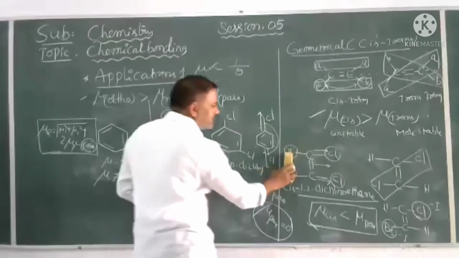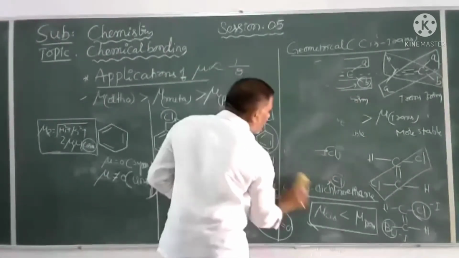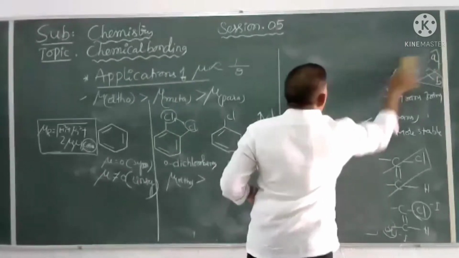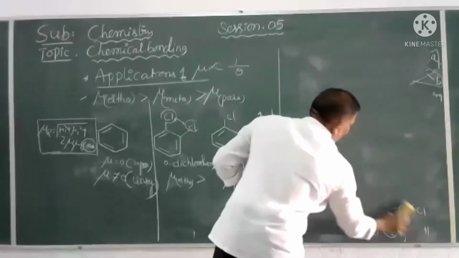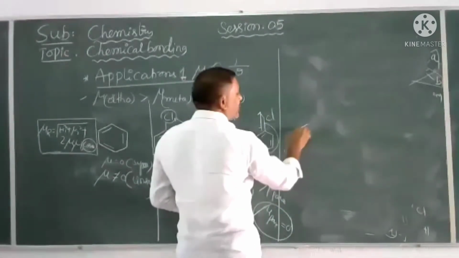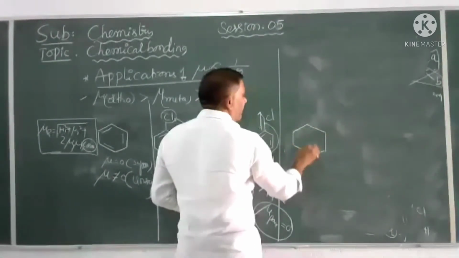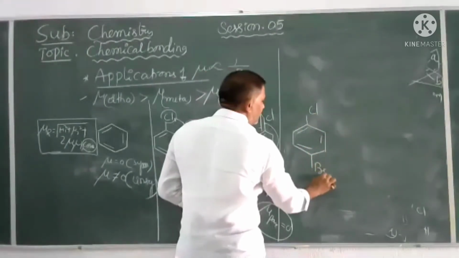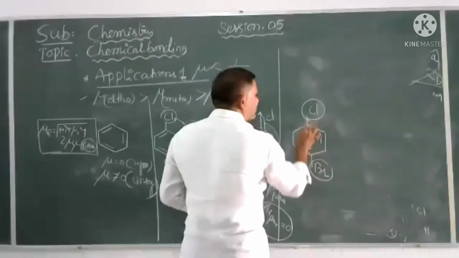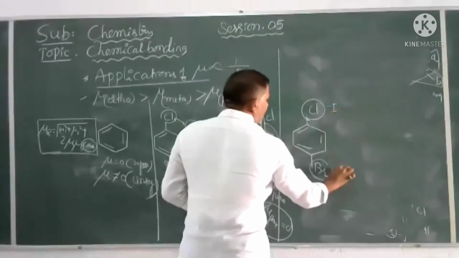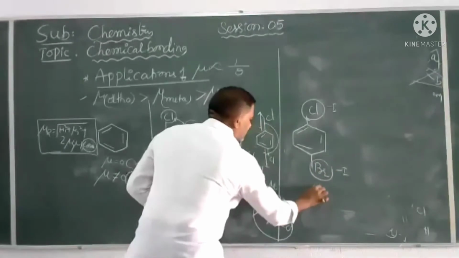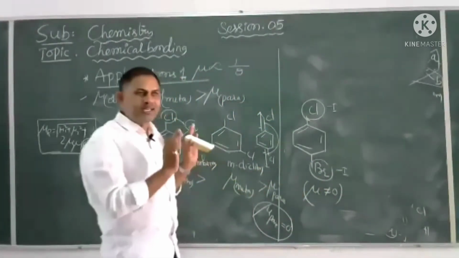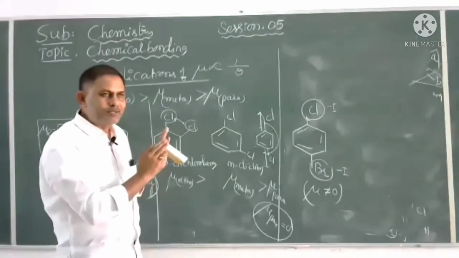Whereas in this case, at para position, instead of two same chlorines, two different groups are present, like chlorine and Br. So here the two different attached groups are minus I effect and minus I effect. In this case, it is not equal to 0. Even though it is a para position, some value exists.